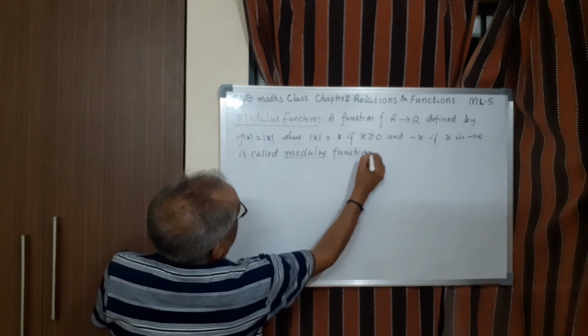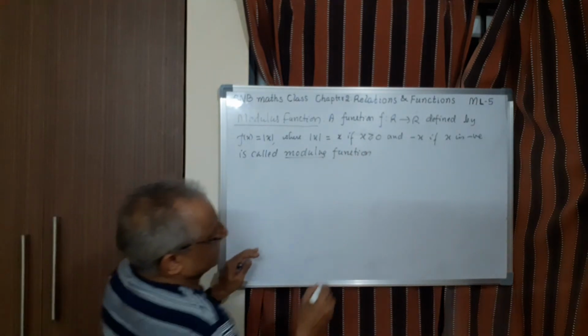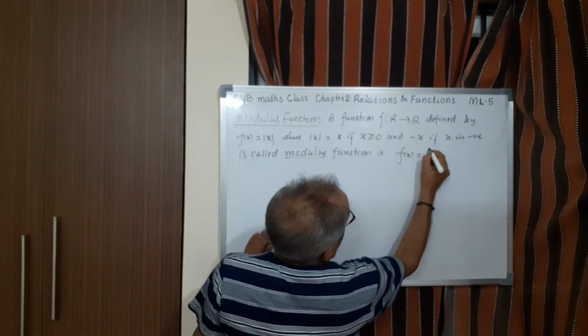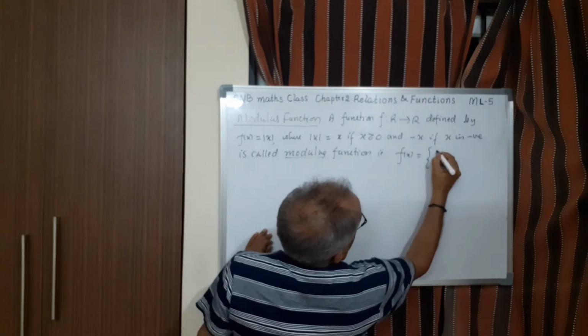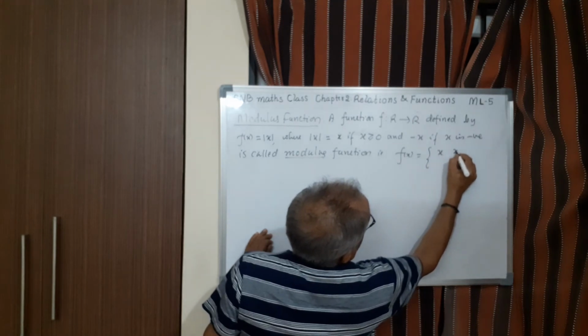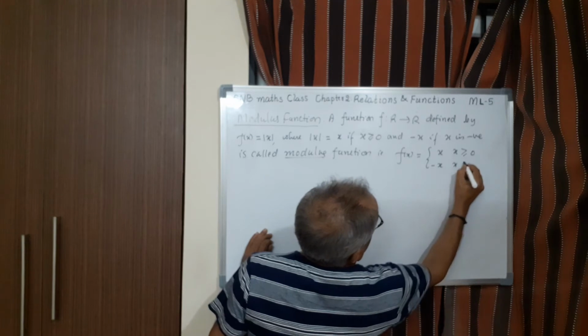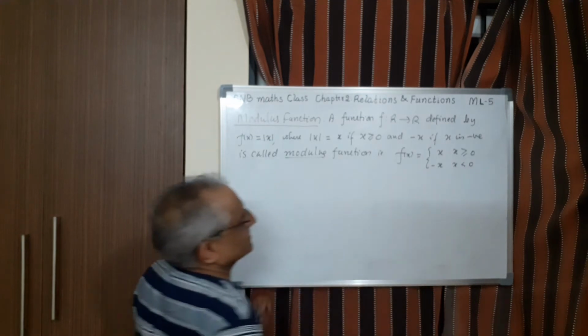So this is the definition, or in short we can write this way: f of x will be equal to x if x is positive and minus x if x is negative. This you should understand.